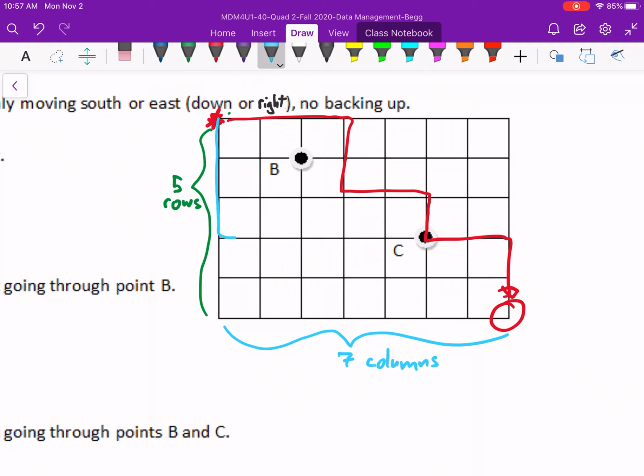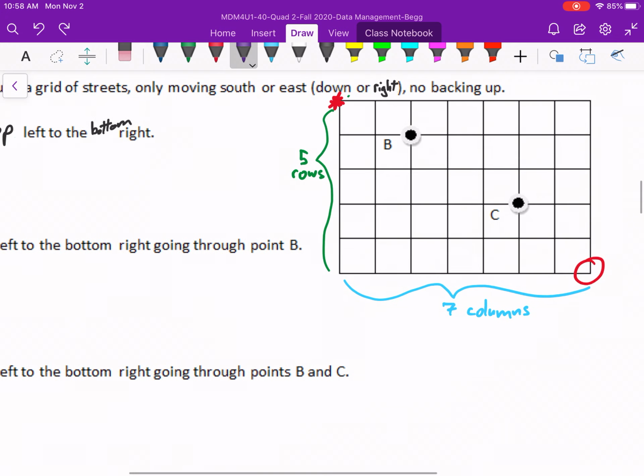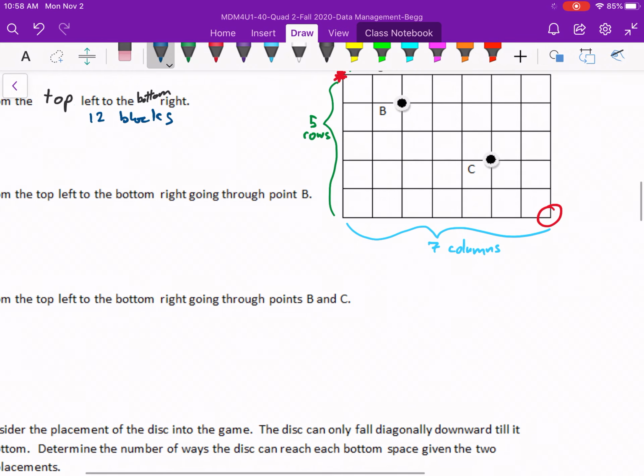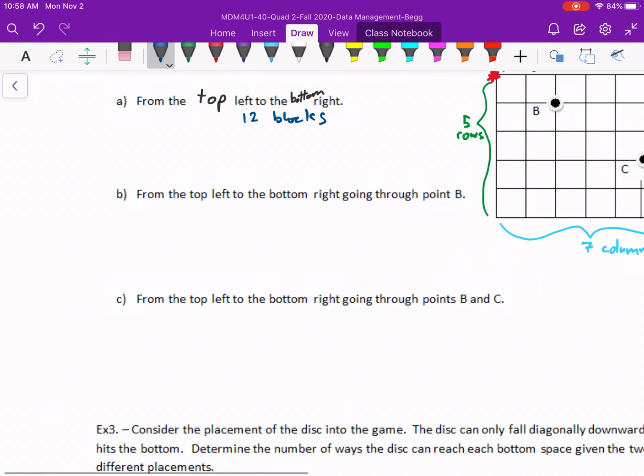I could go like this, or I could go all the way over like this. So there's many different ways, as we're going to see. There's 12 blocks altogether. We just want to get to that cell with the circle around it.